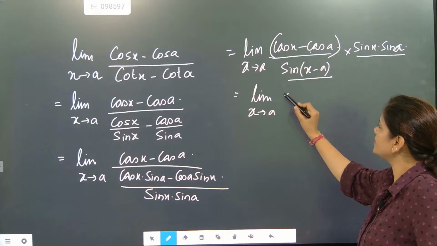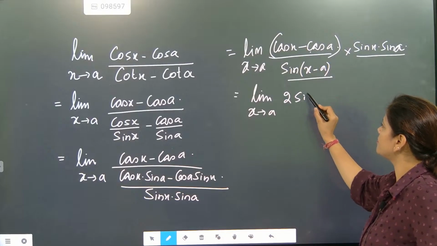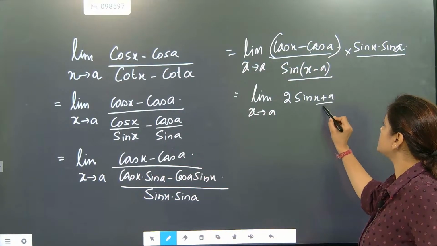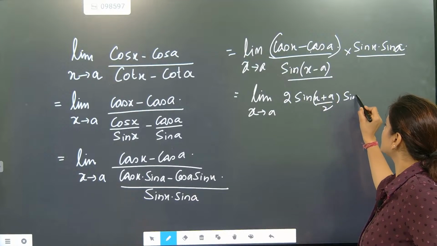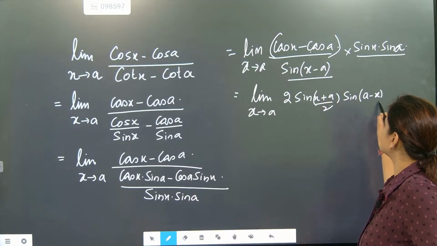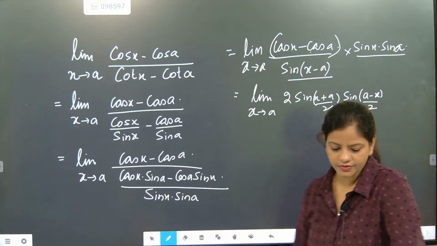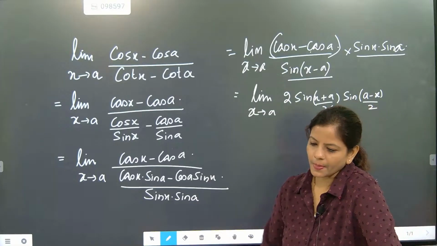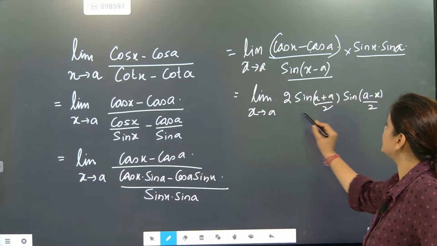So the cos a minus cos b formula is sin of x plus a by 2 into sin of a minus x by 2. Check this one out. We can do it like this now. After that, we can go for the next one.